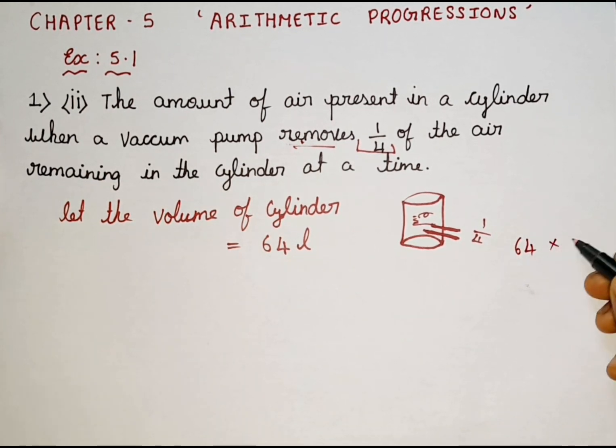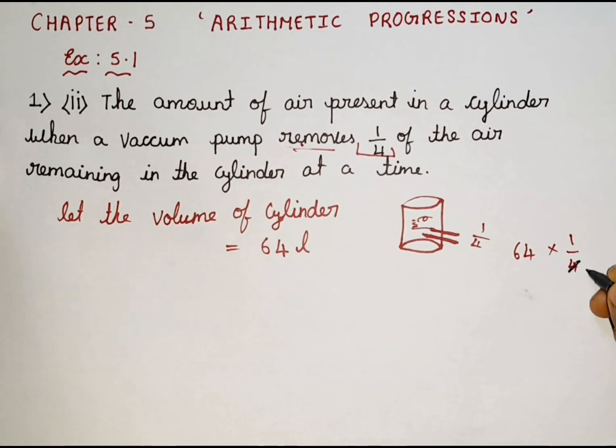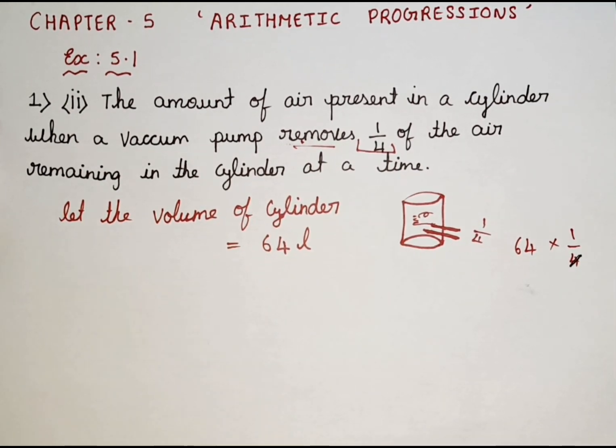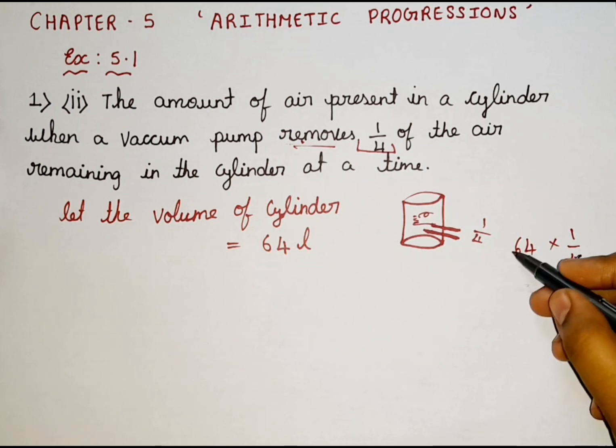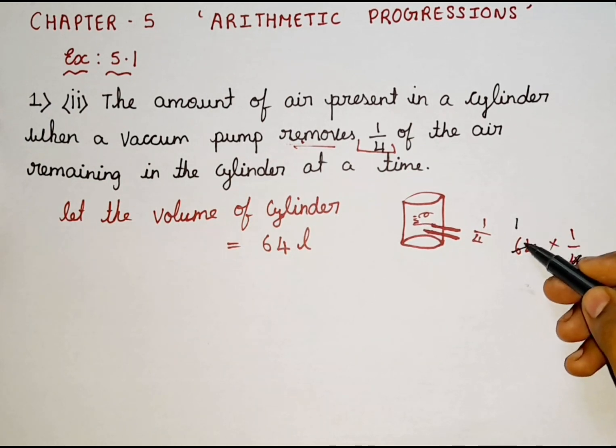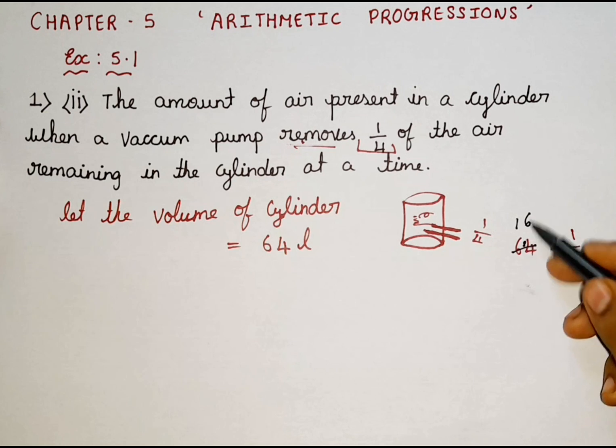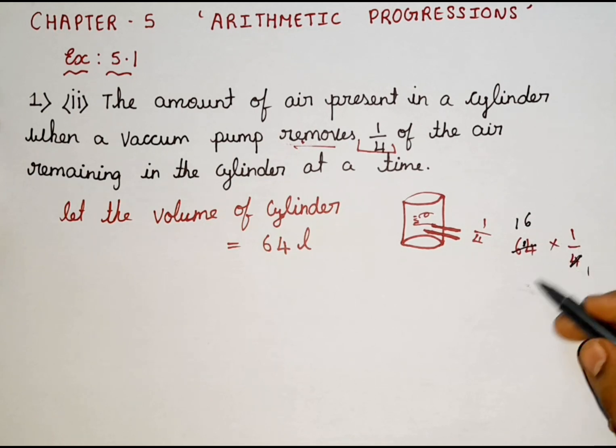64 into 1/4. When I solve, I cancel it, and I'll get 1 here and here. 1 4 is 4, 2 balance, and 6 4s are 24. So we'll get 16, isn't it? Why did I do like this?